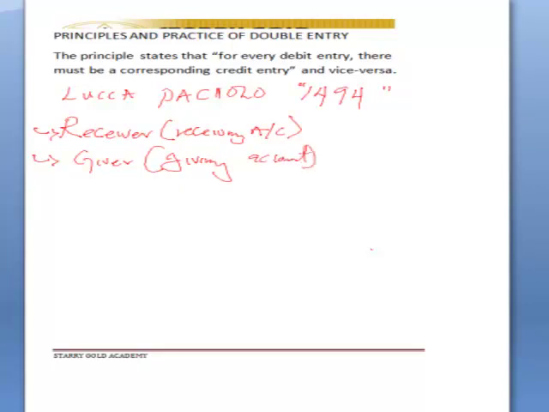So the double entry principle recognizes that there are two parties to every account transaction. As a result, we have the receiver and the giver.